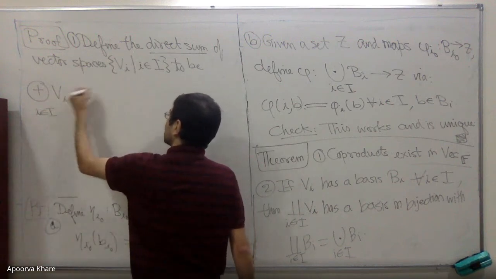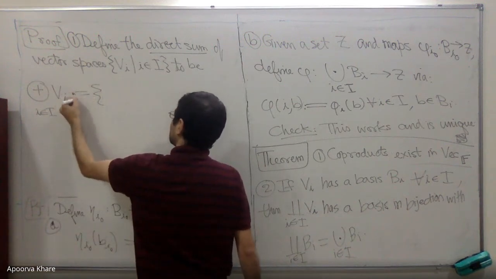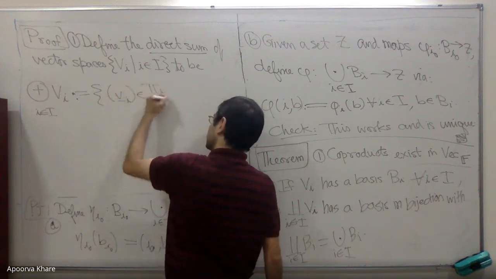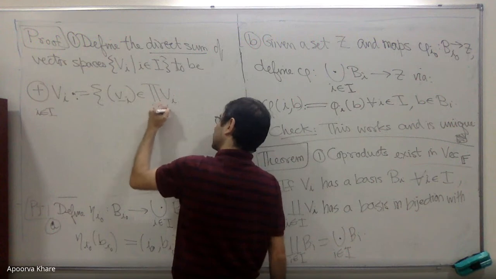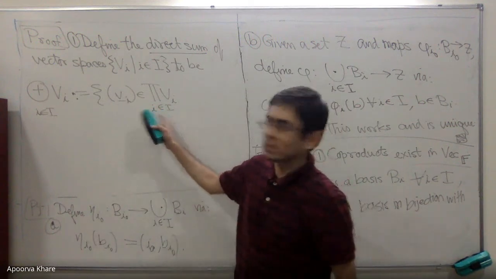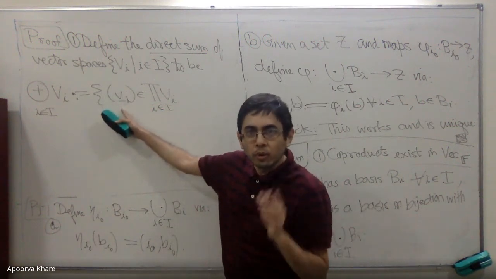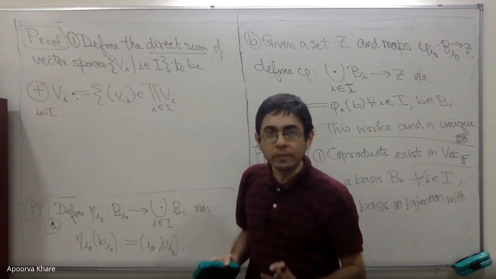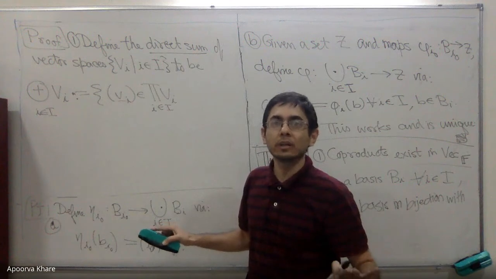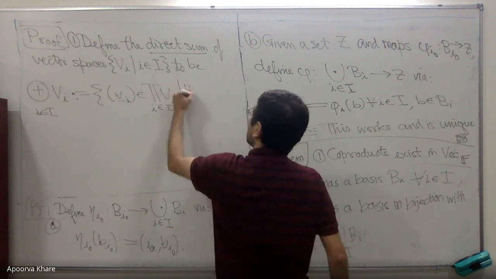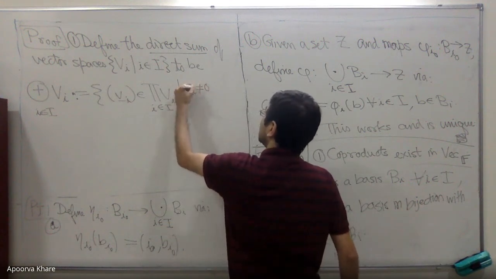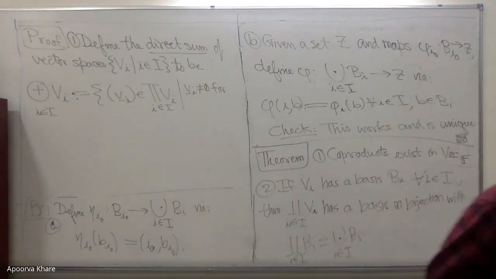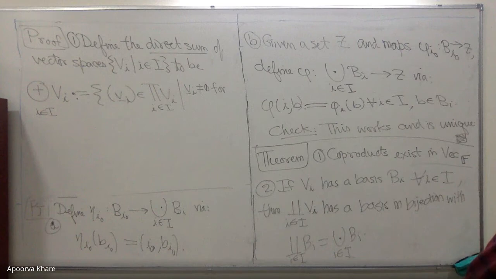It is defined to be the collection of all tuples of vectors as in the Cartesian product. Take only those tuples which have finitely many coordinates non-zero. So all but finitely many coordinates are zero: v_i non-zero for only finitely many i.